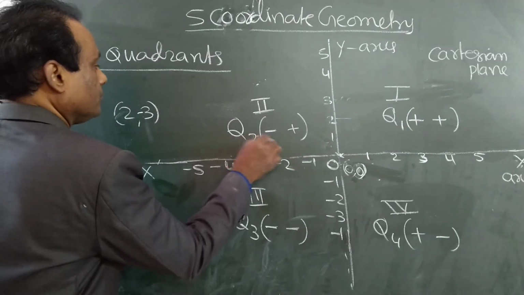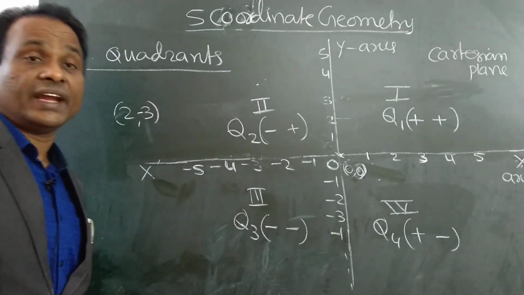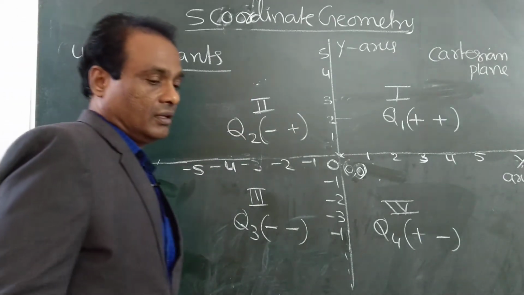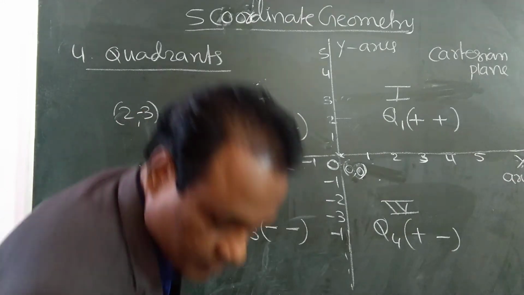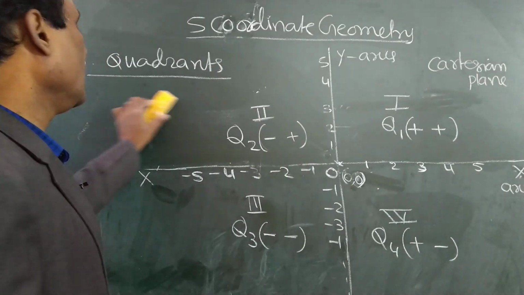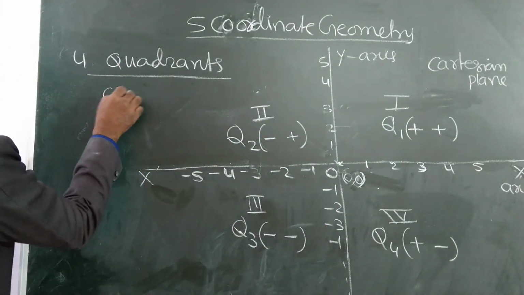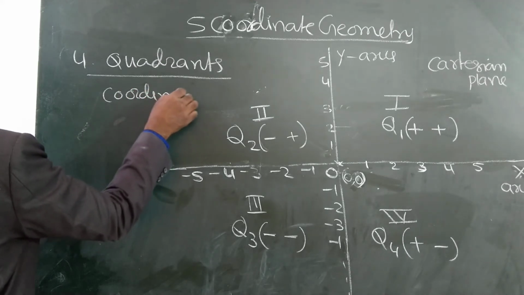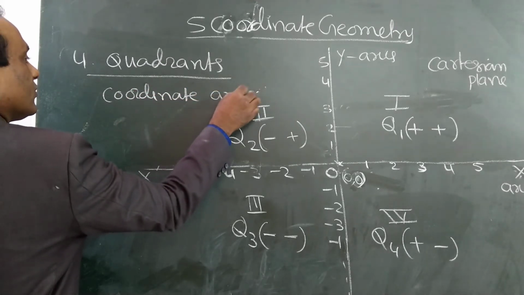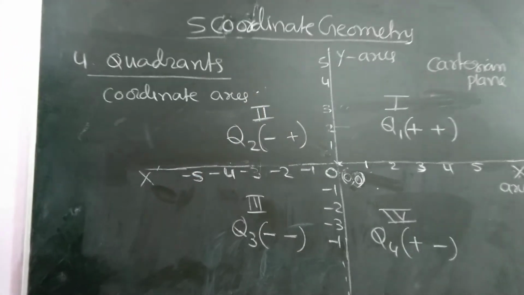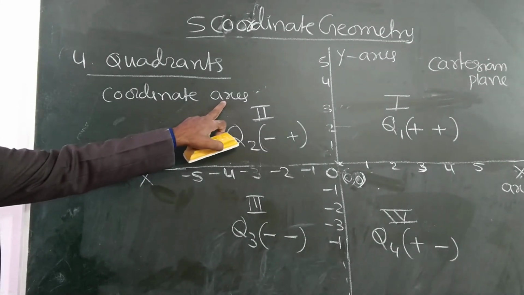Write down. Quadrants heading. The coordinate axis, write down. Coordinate axis. That means x-axis and y-axis both come in this plural word.